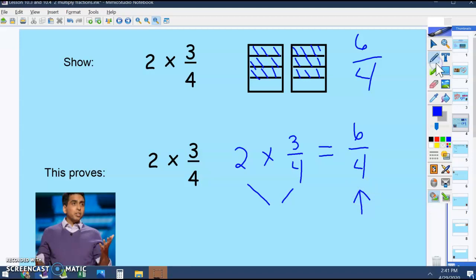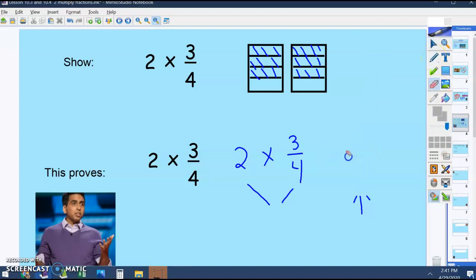So if you notice, you might see that there is a connection between 2 and 3 and 6, right? If I multiply 2 by 3, I would get 6. And then my 4 stays the same. And I want to show you why that is.